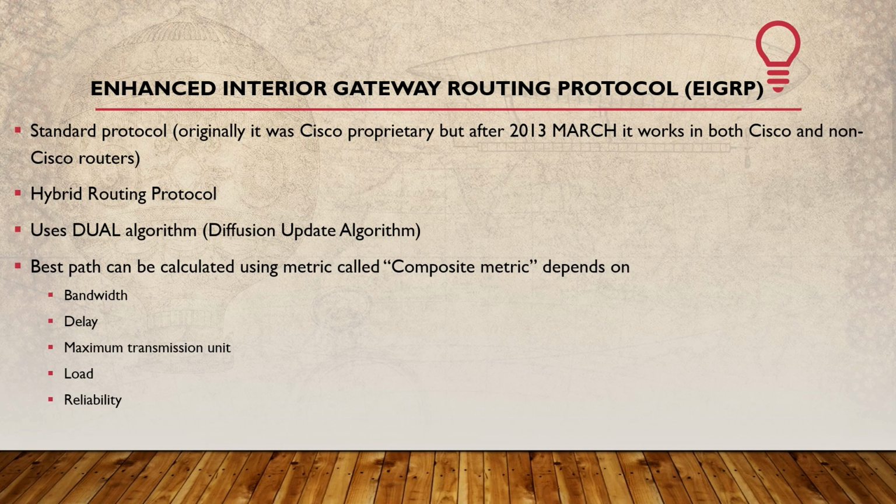Based on these factors, it is calculated compositely and chooses the best path. How this calculation happens we will cover in upcoming videos. Just understand that the path is calculated based on a composite metric depending on bandwidth, delay, MTU, load, reliability, etc.